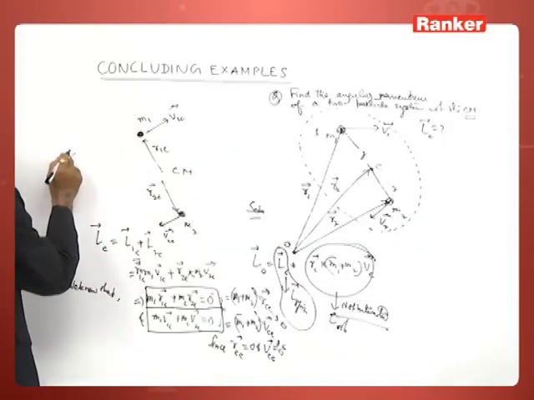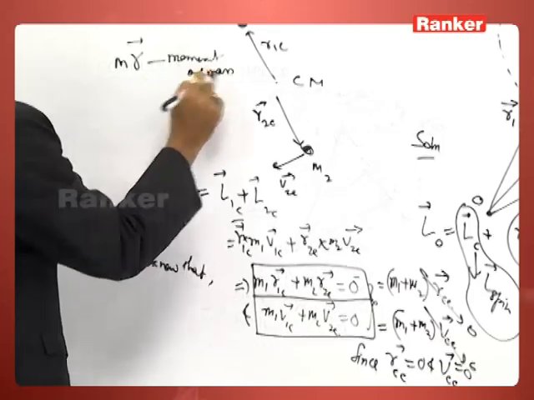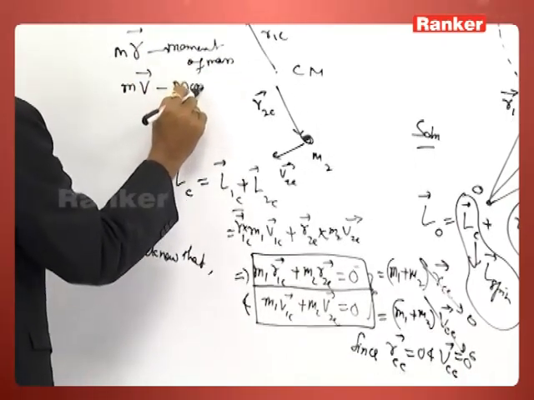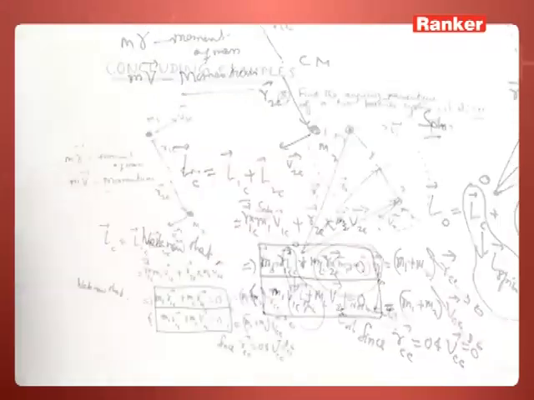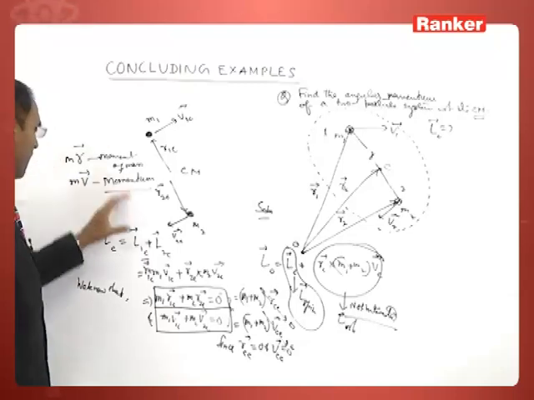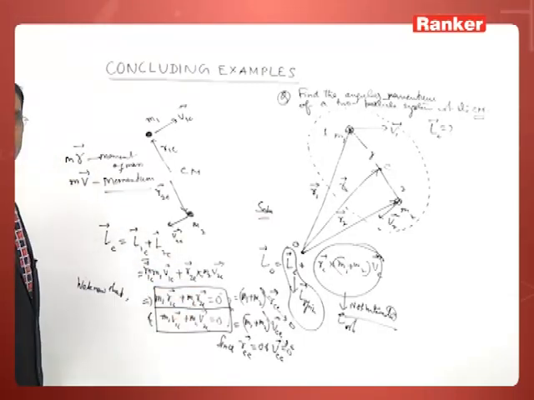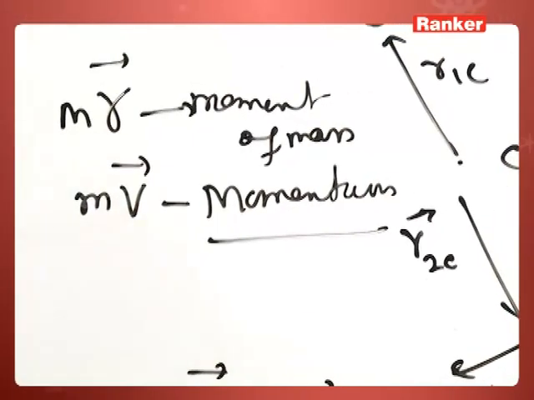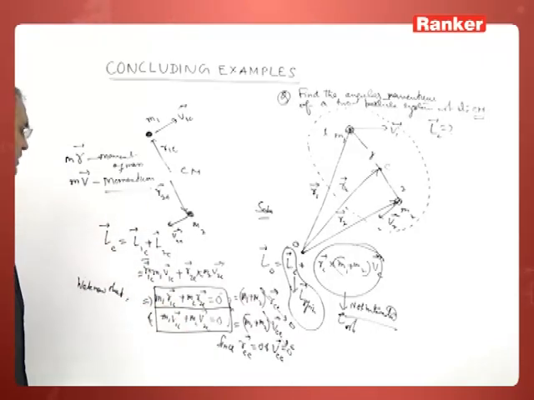M into R is the moment of mass, M into V is the momentum. Sum of the moment of mass with respect to center of mass will be 0. That is the property of the center of mass. And sum of the momentum of all the particles with respect to the center of mass is always equal to 0.